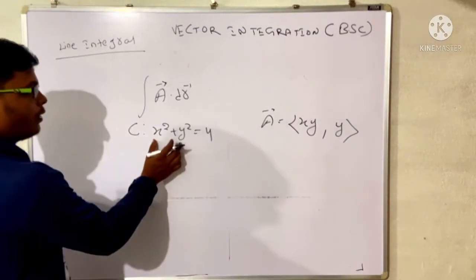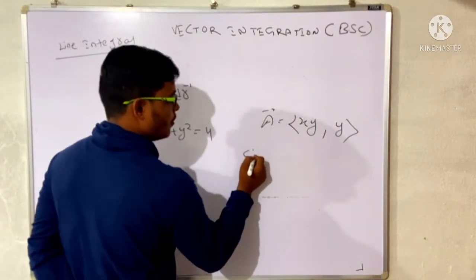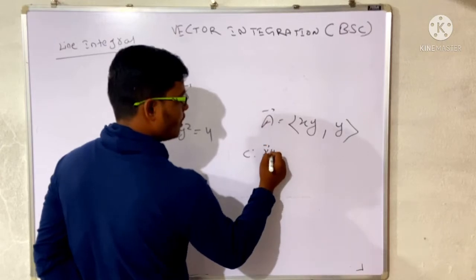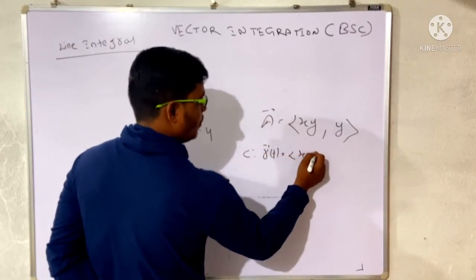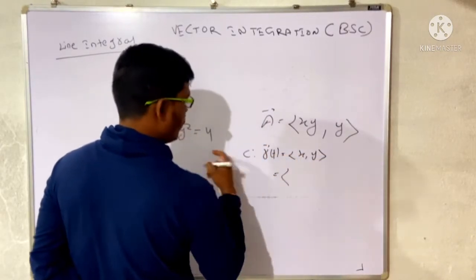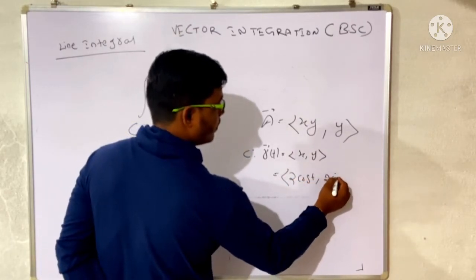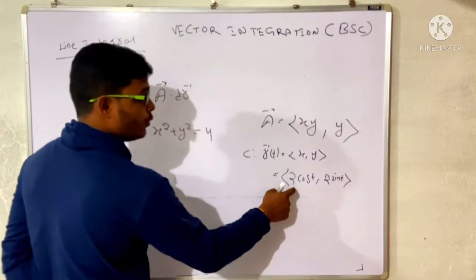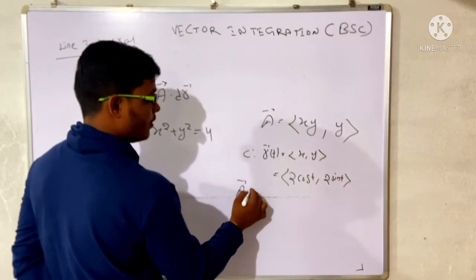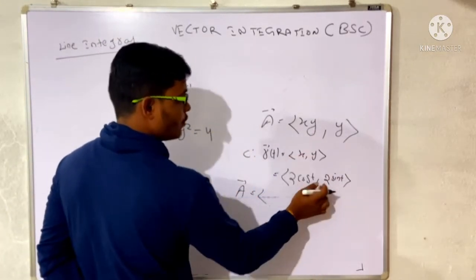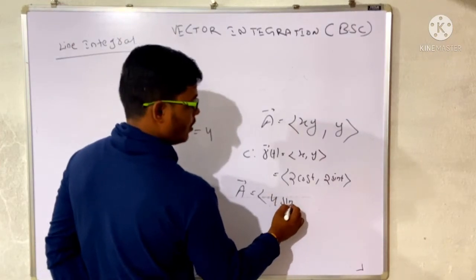Then remember what will be the path C. Now r of t equals (x, y). We know this. Then what is x? 2 cos t. What is y? 2 sin t. Then according to this, what will be your A vector? This is x into y, so 4 sin t cos t.